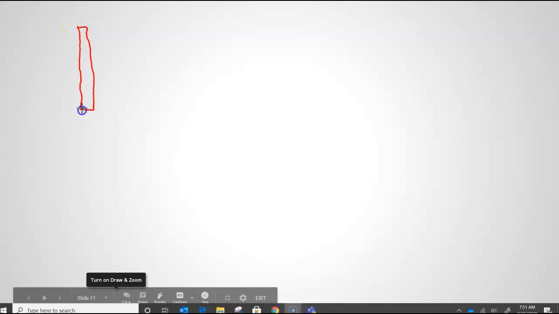a meter stick and you break it into 10 equal parts, bear with me, I'm not a very good drawer, you have a decimeter. 1 centimeter, one little tiny 1 centimeter of that.